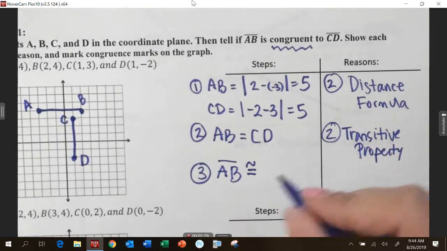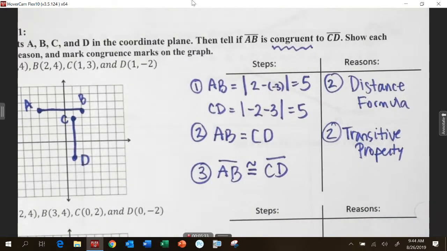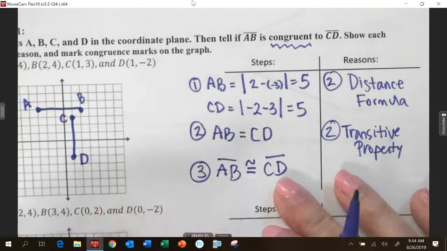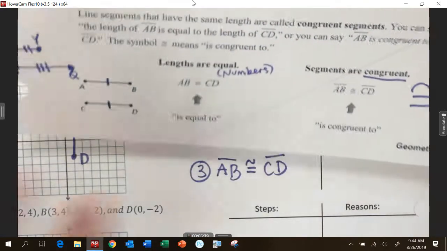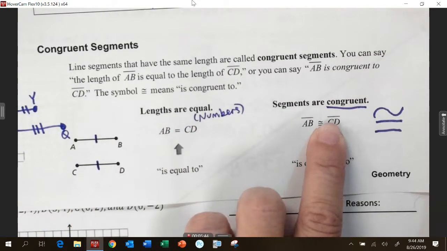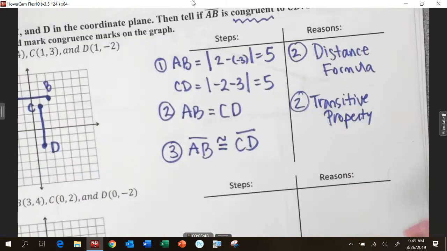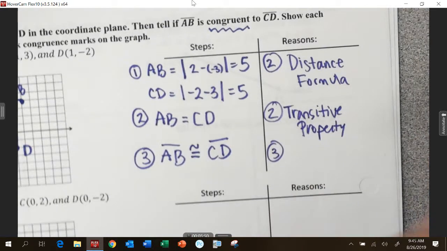Swirl. I think it's called a tilde? And then CD with the line over it. Now this came from our previous page of notes at the very bottom of the front. It says if they are equal, then they are congruent. So my reason that I put down is the definition of congruence.